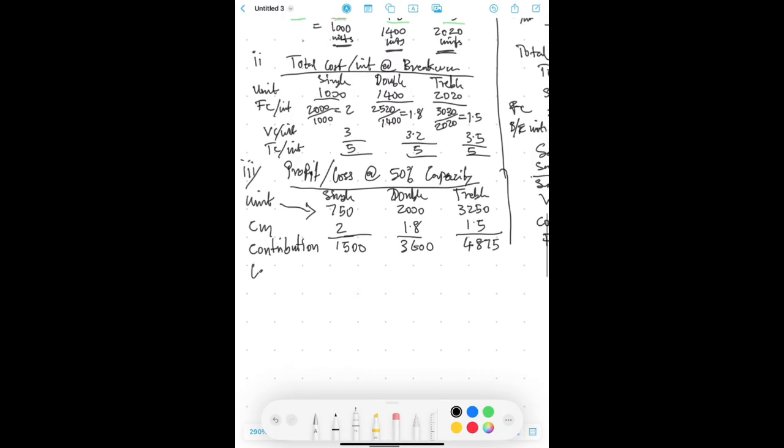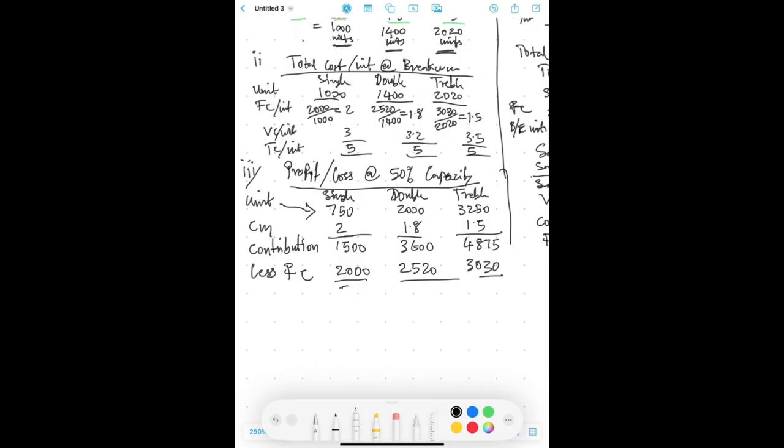Now let's deduct fixed costs. Less fixed costs, which we already know: 2,000, 2,520, as also written in the question, and 3,030.